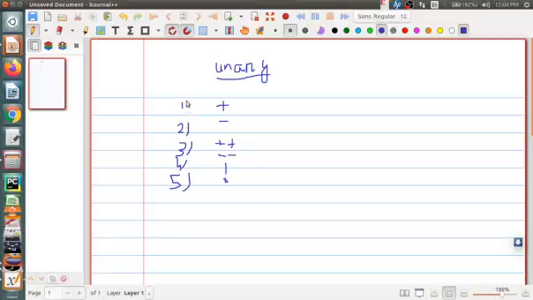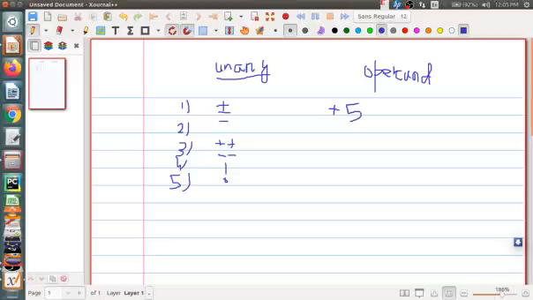Now why is this called a unary operator? Because these operators work or stand with a single operand. Like I will say plus 5.